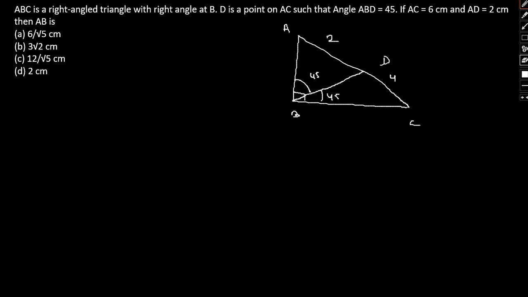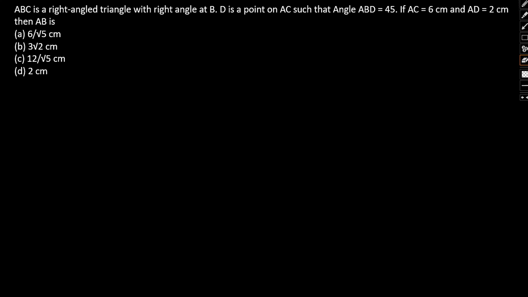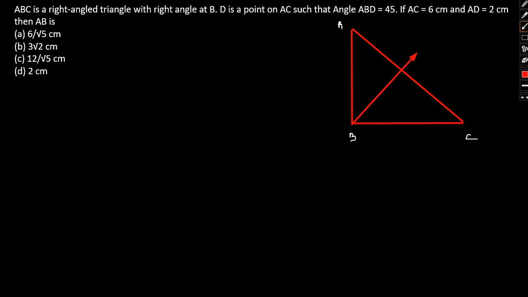Hang on, the figure is not really clear, so let me just draw it one more time. So let this be A, let this be B, let this be C. Here now what we have is an angle bisector.